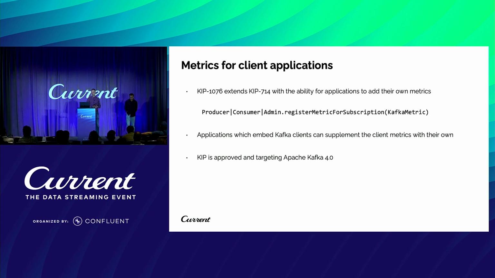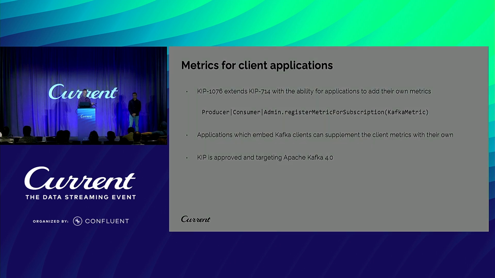But really, it's for Kafka Streams, because Kafka Streams clients include producers and consumers, and then they have metrics about how they're being used together. So this allows the metrics to be extended for Kafka Streams. But you could use it for any extension if you wanted to. It is approved. The code is still being written, but it's intended to be in Apache Kafka 4.0. So this completes the picture for KIP 714 from the point of view of the Kafka clients.